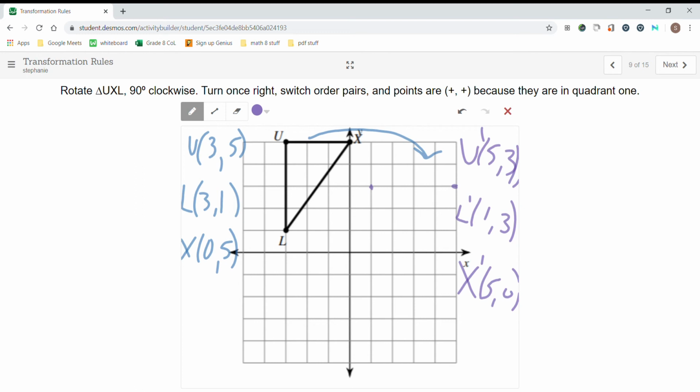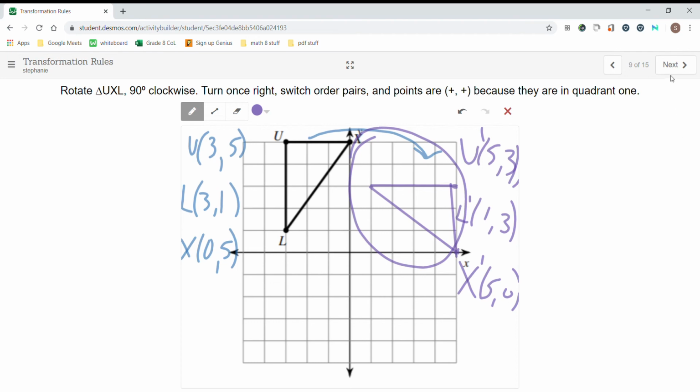So I'm going to go over 5, 1, 2, 3, 4, 5, and not up at all. So I can connect here. Oh, that's not quite straight, but, and there is my new triangle. Now, I left off the negatives because I knew that in this quadrant, everything had to be positive. So all I needed to worry about was flipping these numbers from x, y to y, x.